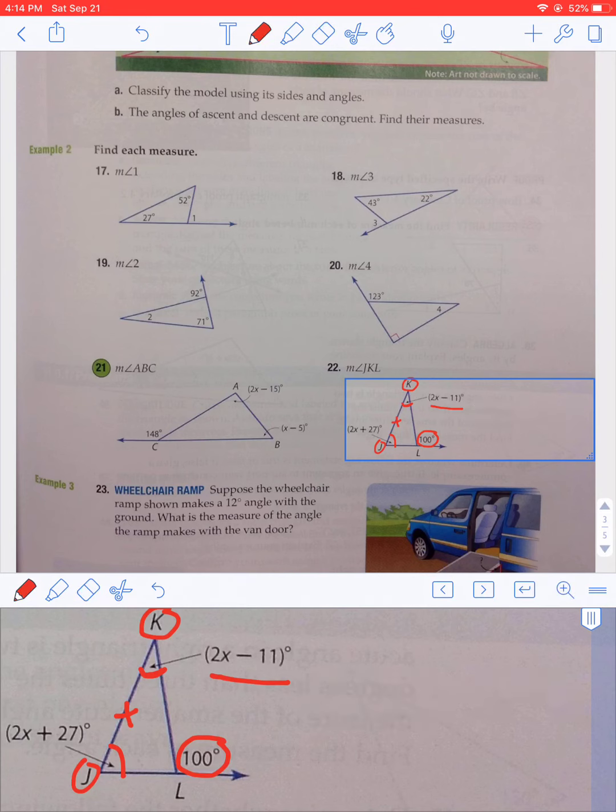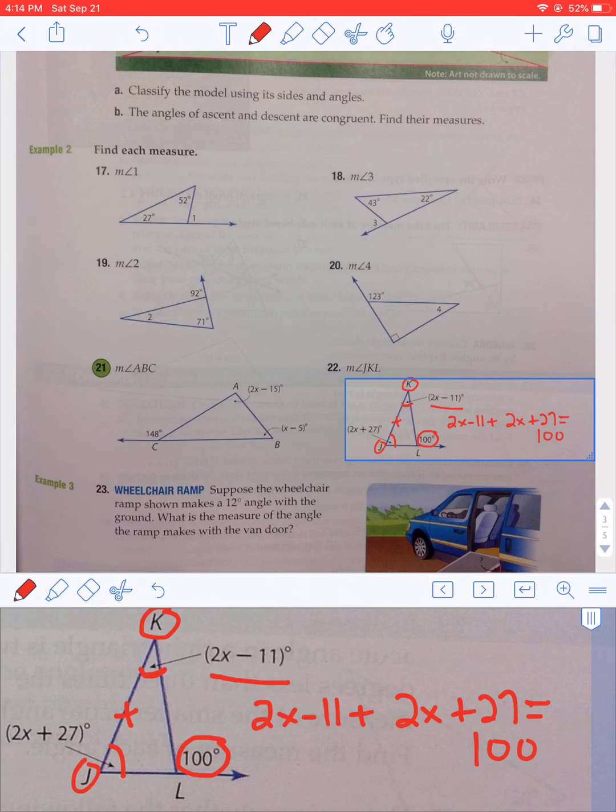Remember, the sum of the remote interior angles is equal to the exterior angle. So I'm going to add my two remote interior angles, which are these expressions, and together they are going to equal 100, because that's the value of my exterior angle.